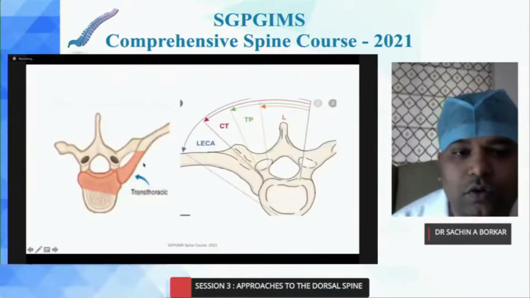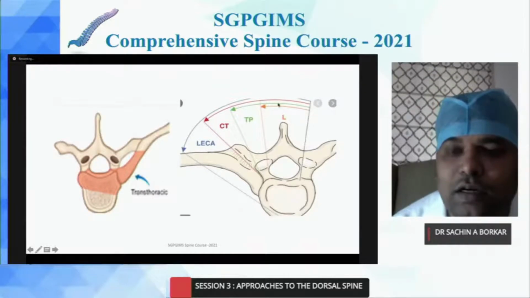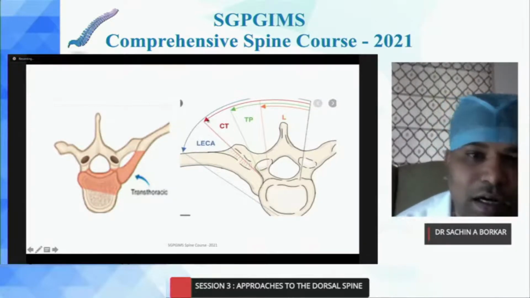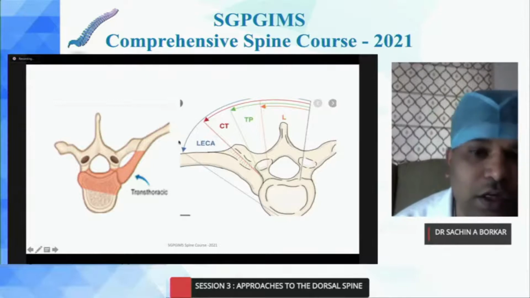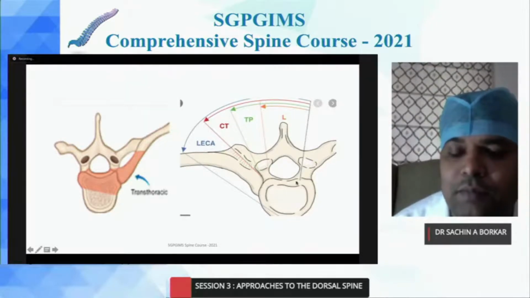So transthoracic again is a direct approach, as you can see, and the posterolateral approaches, right from the transpedicular, the costotransversectomy and LECA, progressively increase exposure of the anterior structures, with minimum manipulation of the cord.